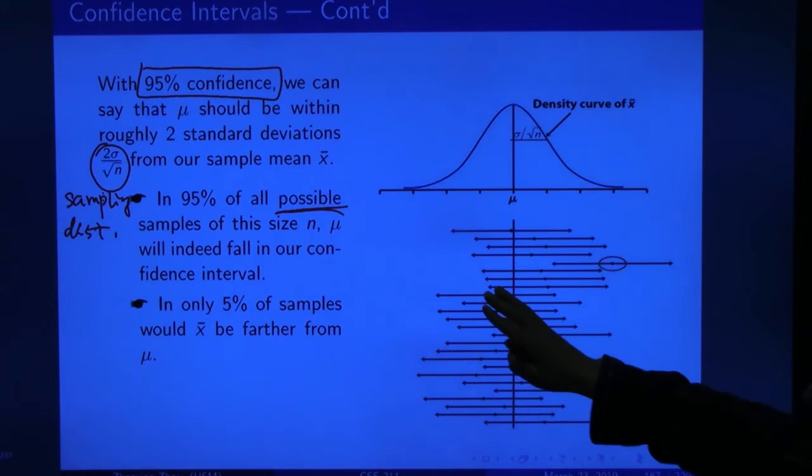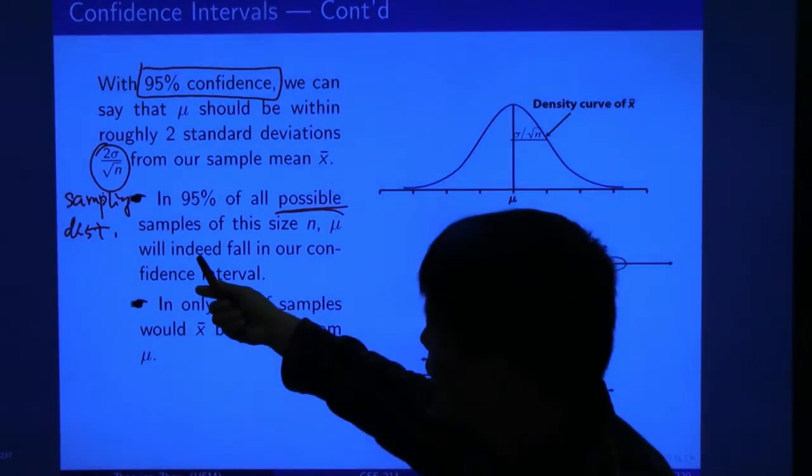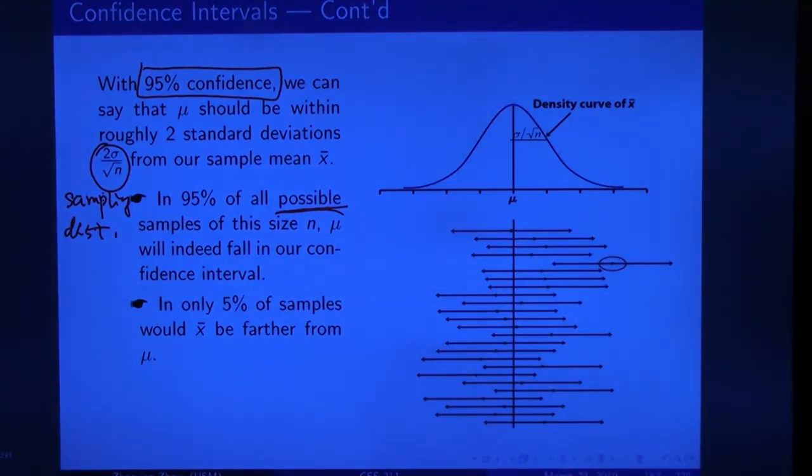So in 95% of all these possible samples of the same size n, the mu will indeed fall in our 95% confidence interval. Only 5% of the samples would have X bar, the mean of the sample, further away from mu.